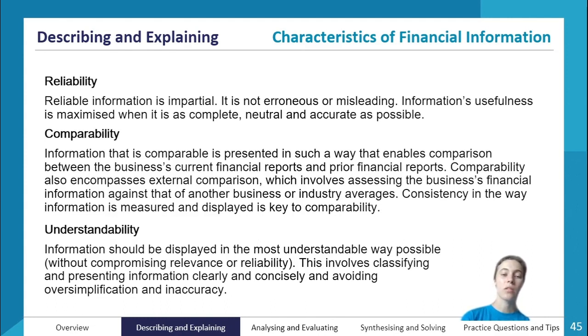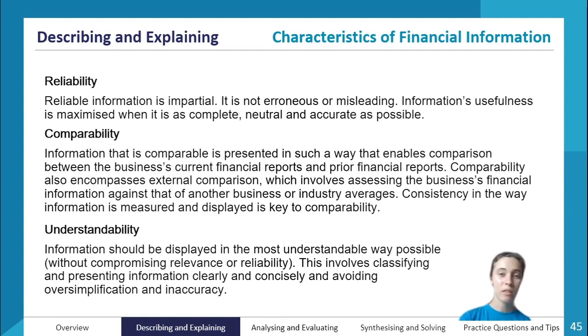And then external comparison is going to involve assessing the business's financial information against other businesses or industry averages or benchmarks. So consistency in the way information is measured and displayed is really key to comparability, because if it's inconsistent, then you can't compare it.